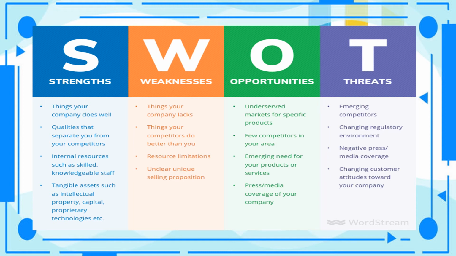And lastly, we have the threats. Threats are emerging competitors, a changing regulatory environment, negative press or media coverage, and changing customer attitudes toward your company. So that is all about the SWOT analysis.